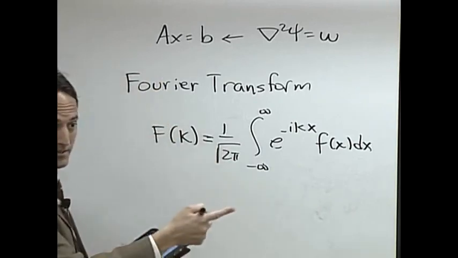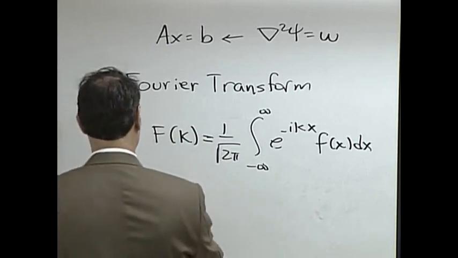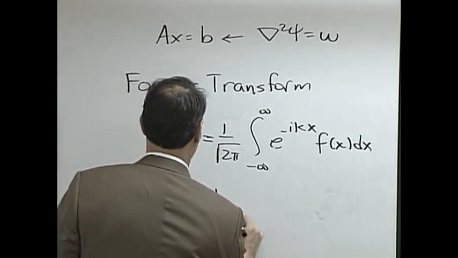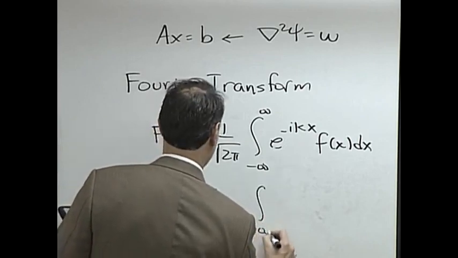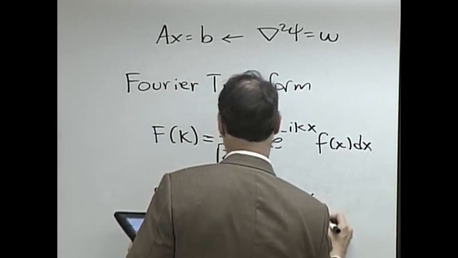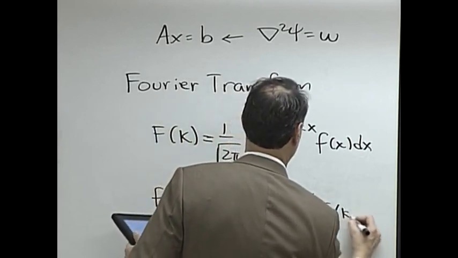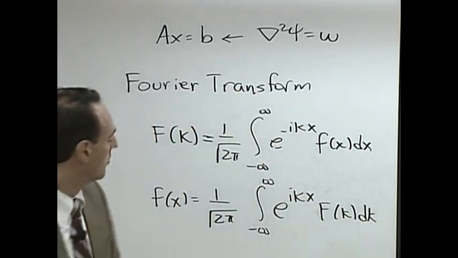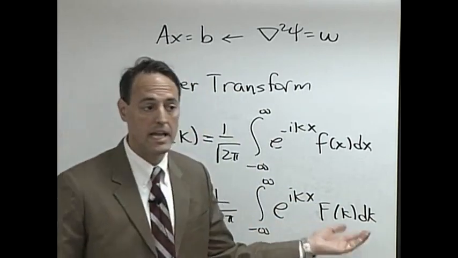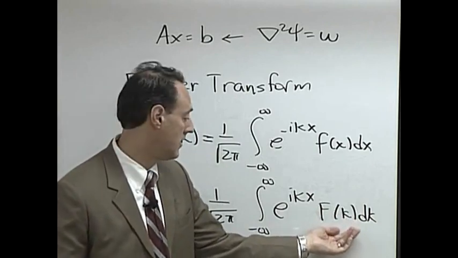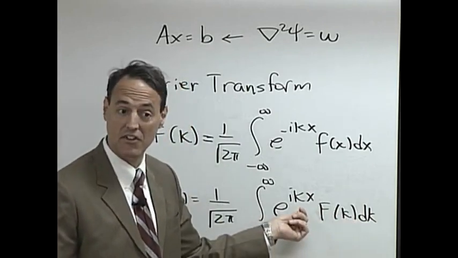To get it back, there's the inverse Fourier transform, which is the following. It's the opposite. You take this signal in the wave space or frequency space, and you multiply it by, again, e to the ikx.